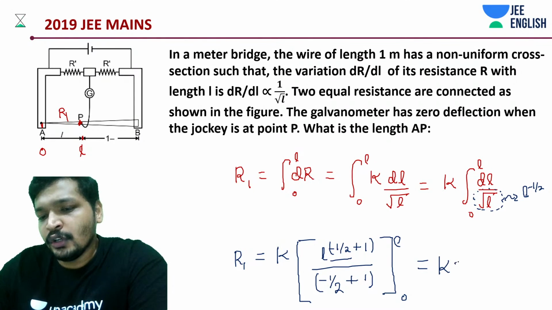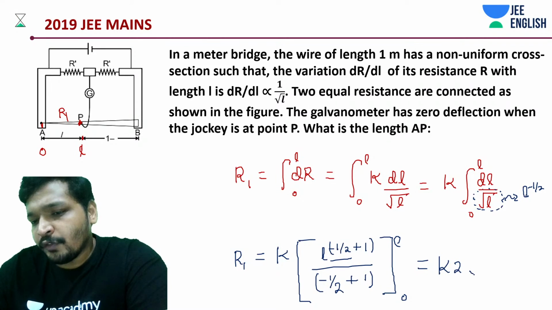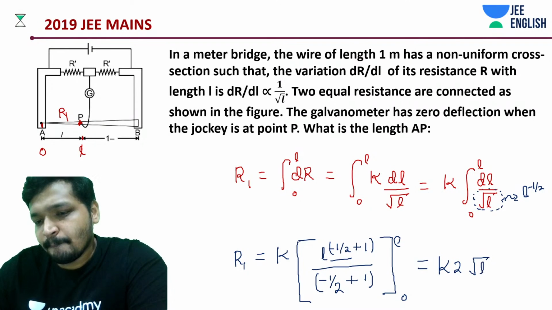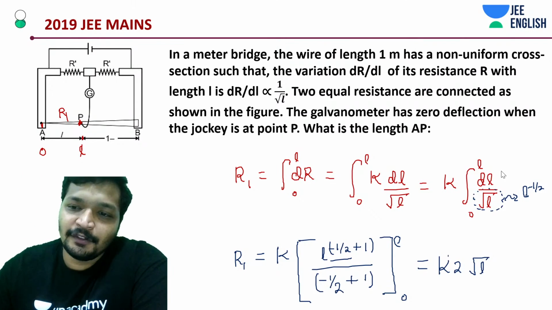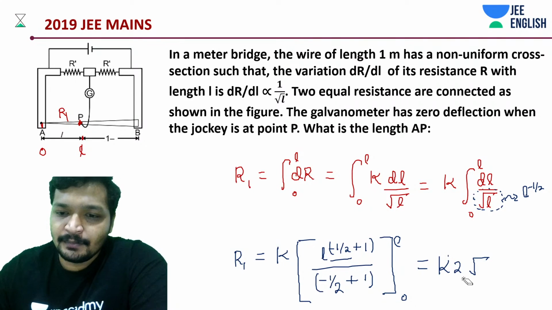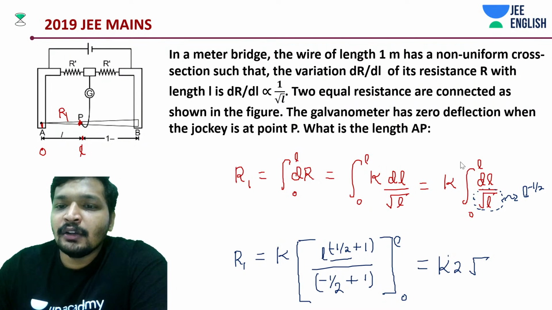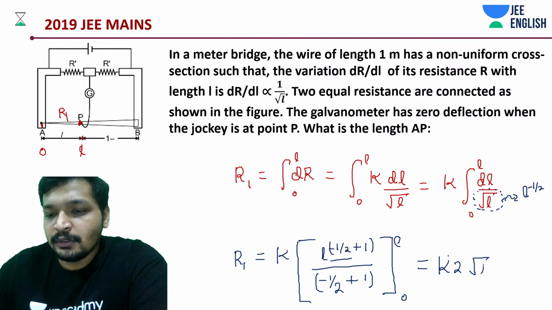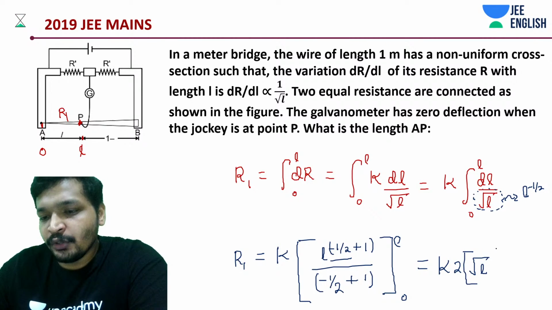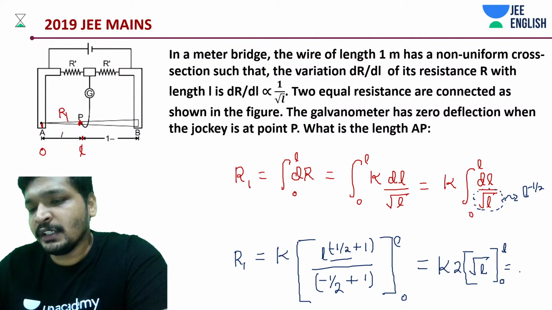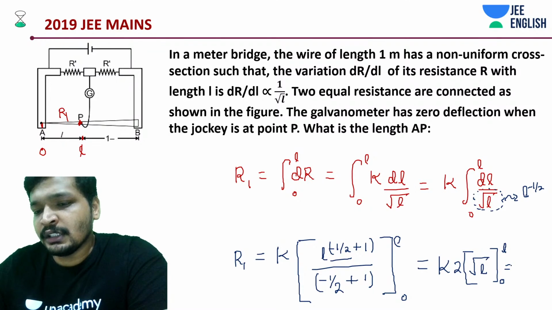K into 2 root of small L, from 0 to L. We took it as small L. We could have kept it as L dash. If you have any confusion, keep it as L dash. So it's going to be how much? This function is going to yield you 2k root of L minus 0.